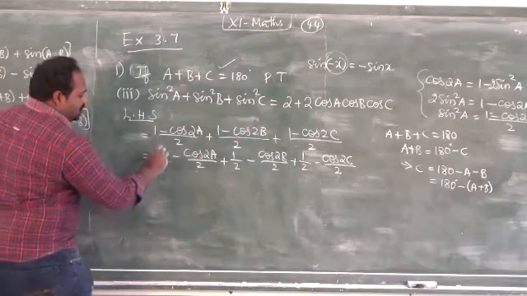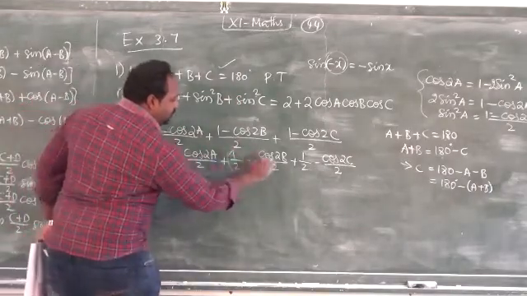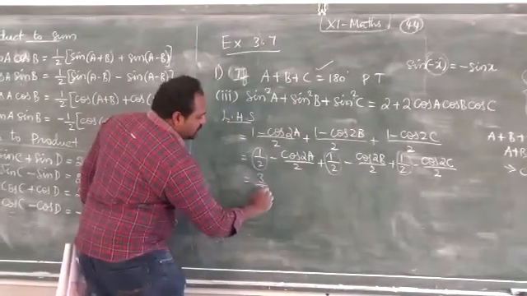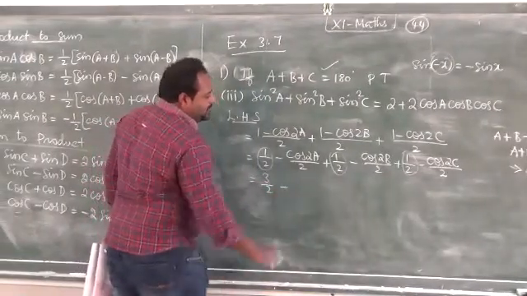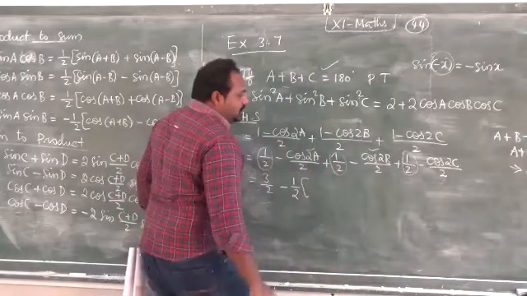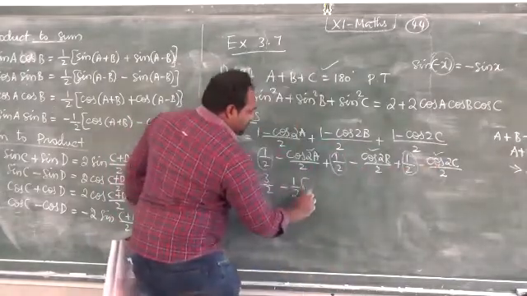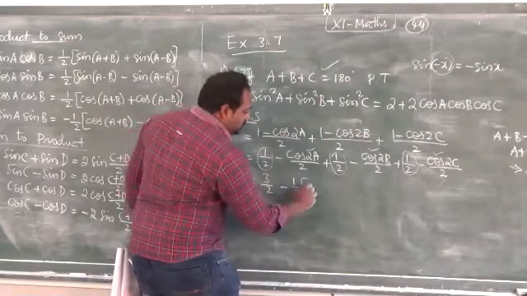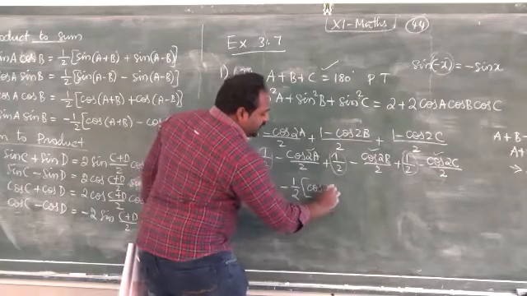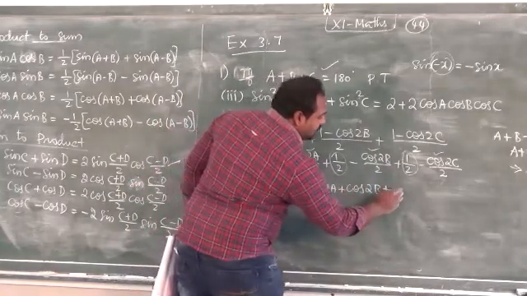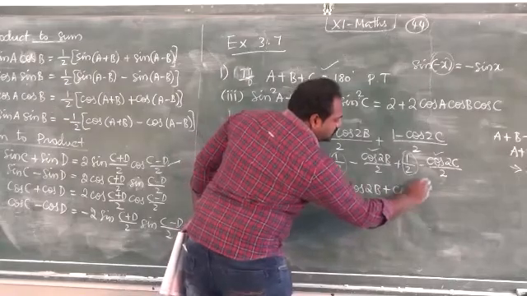So here 1 by 2 plus 1 by 2 plus 1 by 2 is 3 by 2. 3 by 2 minus, if I take 1 by 2 commonly outside from these three terms, inside the bracket all will become positive because minus and 1 by 2 came out. So cos 2a plus cos 2b plus cos 2c.